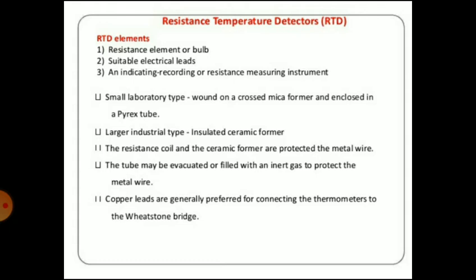The temperature range for resistance thermometers is between minus 250 degrees Celsius and 1000 degrees Celsius. However, other materials such as tungsten, silver and iron have also been used. RTD elements are a resistance element or bulb, suitable electrical leads, and indicating, recording or resistance measuring instruments.